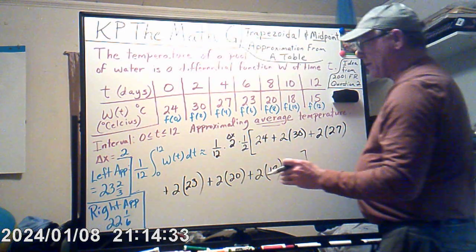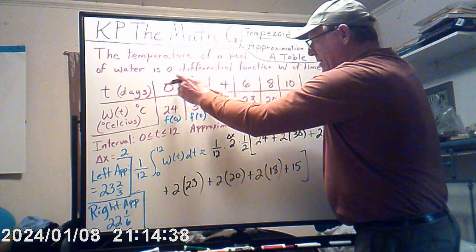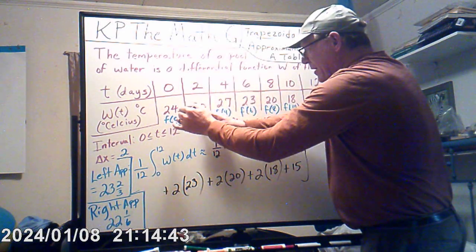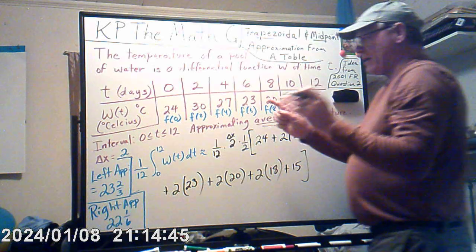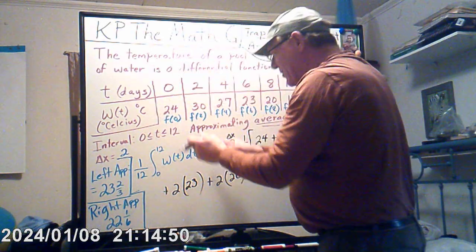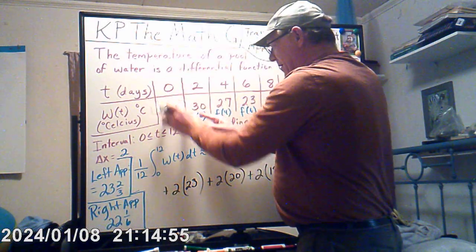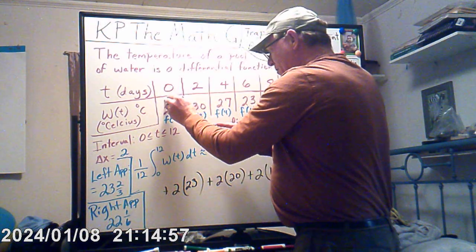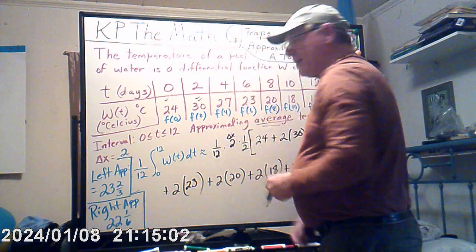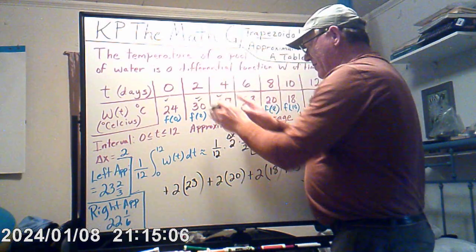And actually what you're looking at is when you do the 2 sides here, like if you do this side and this side, you're only counting this here. But when you do this side and this side, you've already counted 30 once. So on this end, you're going to count 24 once and 30. When you count 30 and 27, that's 30 again, and you've already counted 27 once.